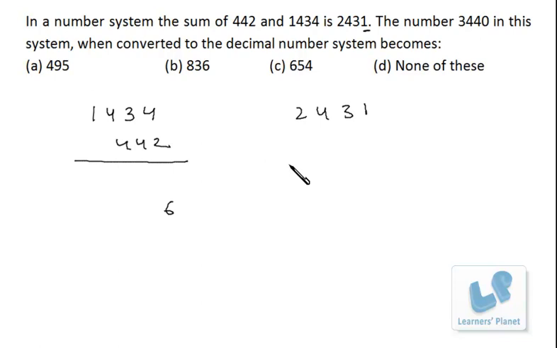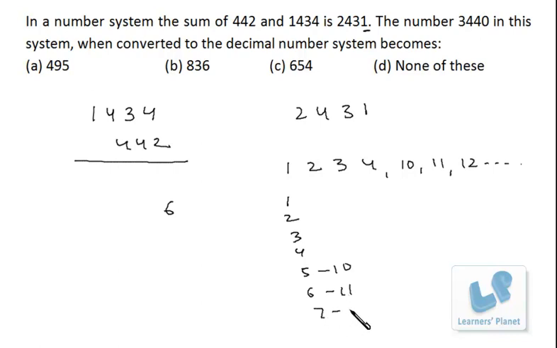So in 5 number system, 5 will be written as 10, then 6 will be written as 11, then 12, something like that. I just make a table over here. 5 will be written as 10, 6 will be written as 11, 7 will be written as 12, 8 will be written as 13, 9 will be written as 14 and 10 will be written as 20, because we cannot use 5.